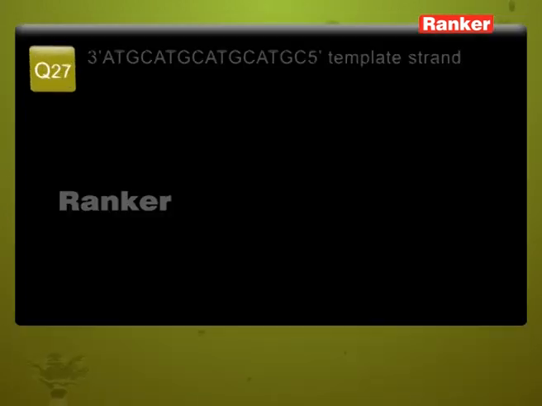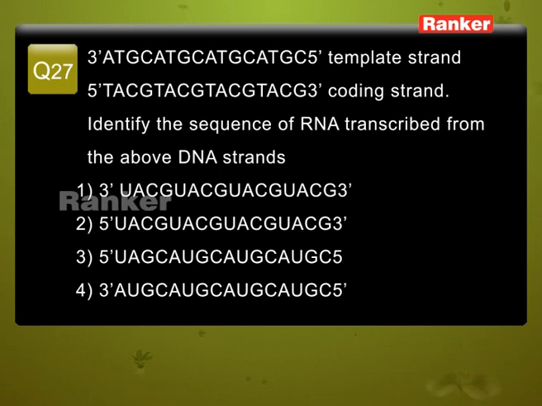Question number 27. 3' AT GC AT GC AT GC AT GC 5' template strand, 5' TA CG TA CG TA CG TA CG 3' coding strand. Identify the sequence of RNA transcribed from the above DNA strands.